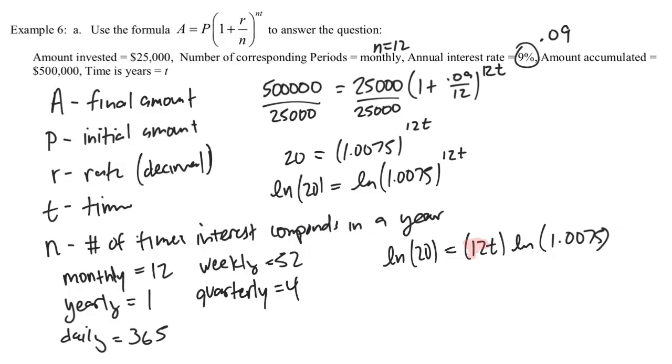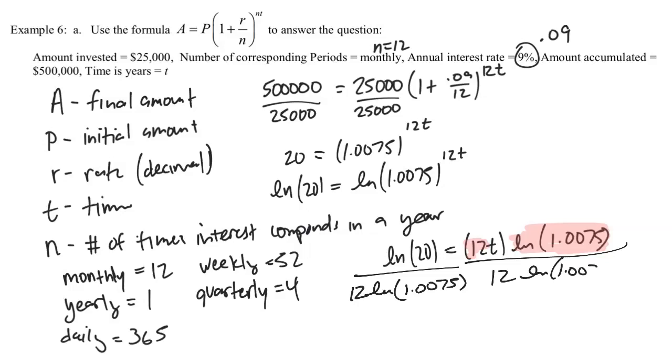And so we're going to have to divide by 12, and we're going to have to divide by the natural log of 1.0075, and that will get us t by itself. And so dividing this side by 12 natural log of 1.0075, we're going to get a value for t of 33.41 years.